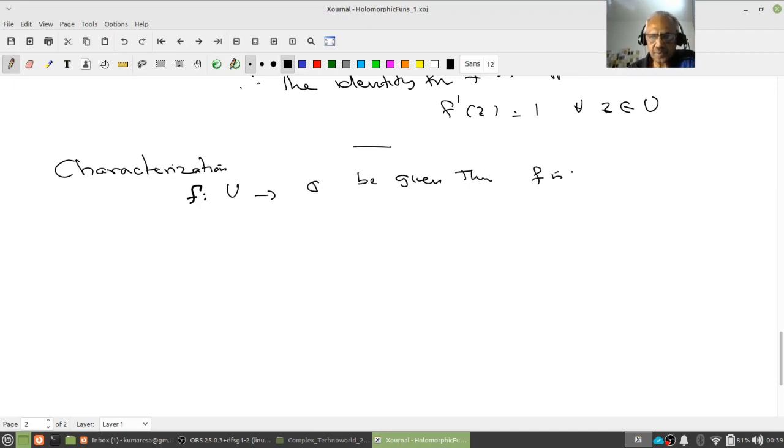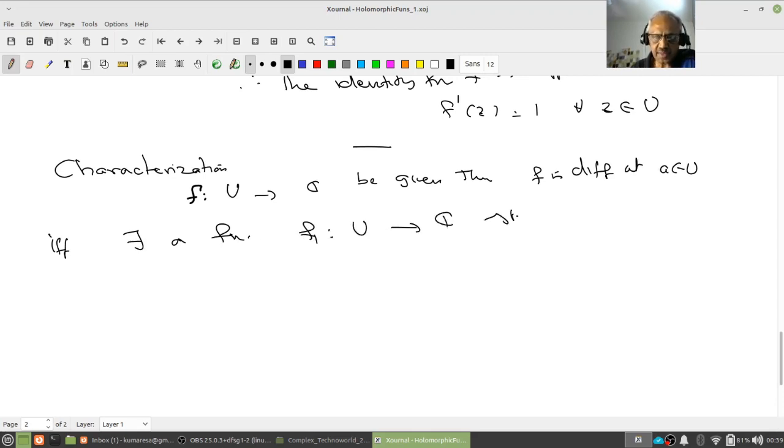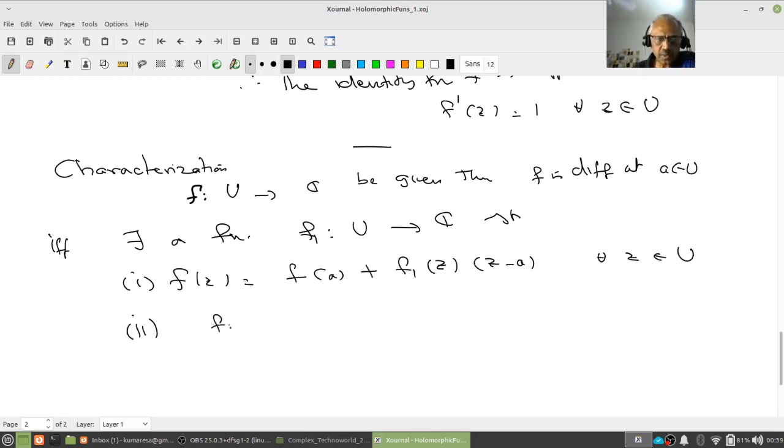Then f is differentiable at a in U if and only if there exists a function f1 from U to C such that, one, f of z is f of a plus f1 of z into z minus a for all z in U, and two, f1 is continuous at a.